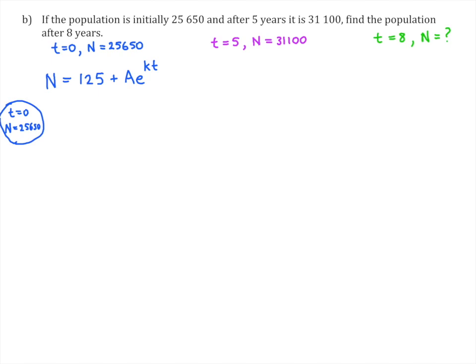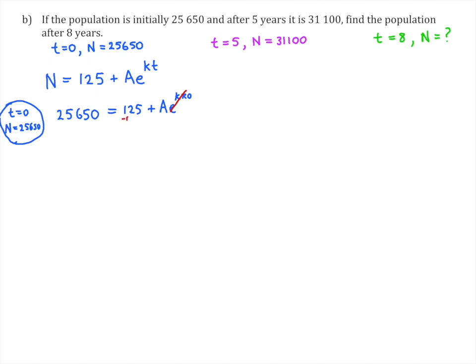Well, let's plug it into our formula. Where I see N, I put 25,650 equals 125 plus Ae^(k times 0). Anything times 0 is 0. E to the power of 0 is 1. So that part there is just going to become 1 times A, which is A.